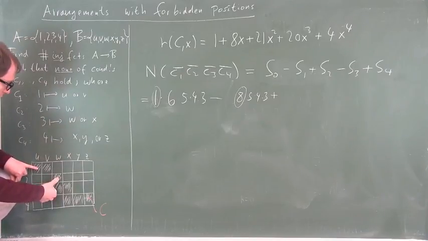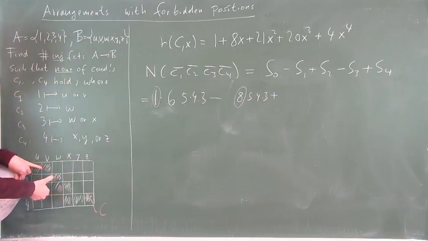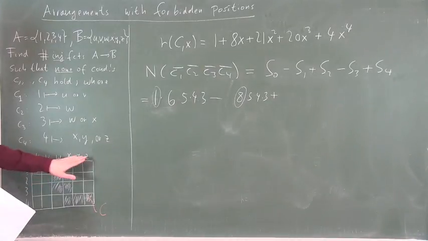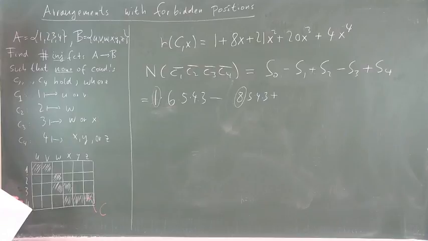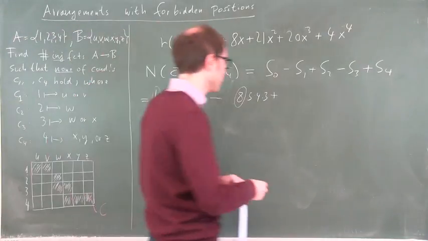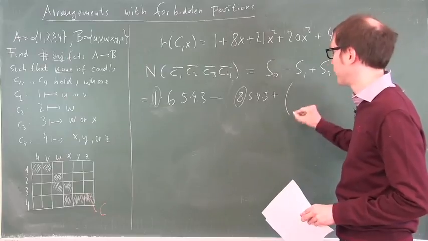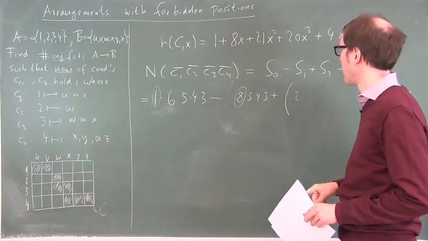So we can either put them here or we can put these here. So we have 2 possibilities. And for the other ones, we have already chosen 2 values here. So we have 4 values left to choose from for 3. And for 4, we only have 3 values left because it should be injective. So we have 2 possibilities here times 4 times 3.